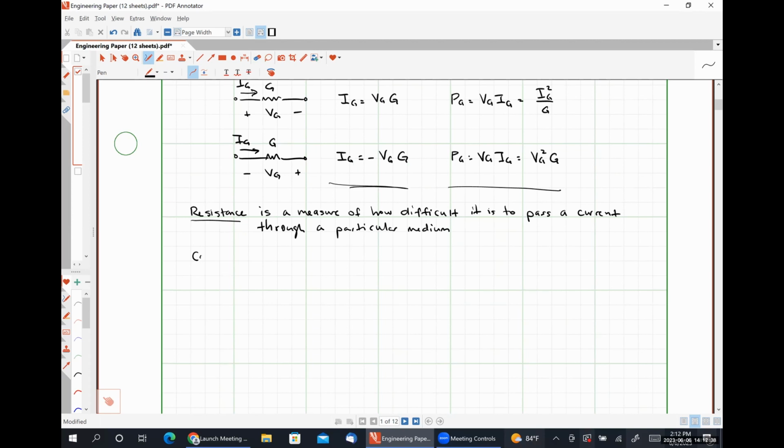Conductance is the exact opposite. Conductance is a measure of how easy it is to pass a current through a particular medium. So the larger the conductance, the easier it is to get current to flow.